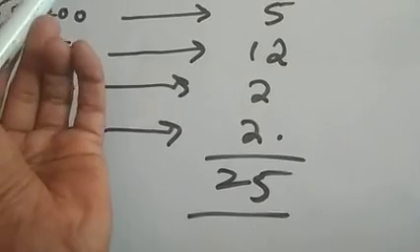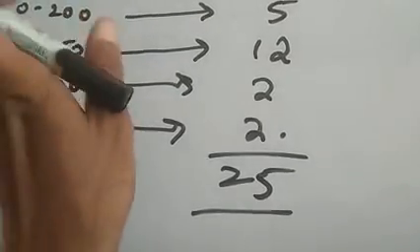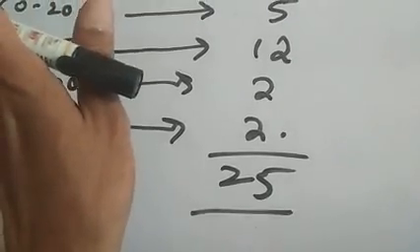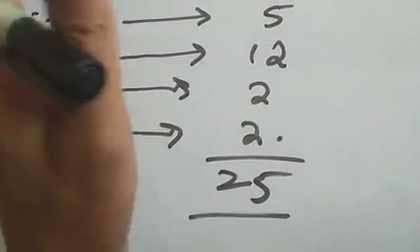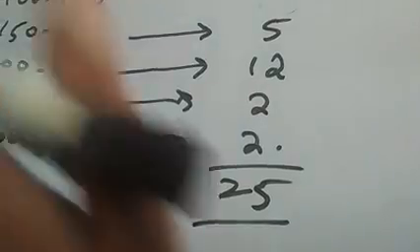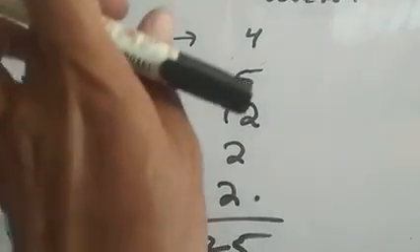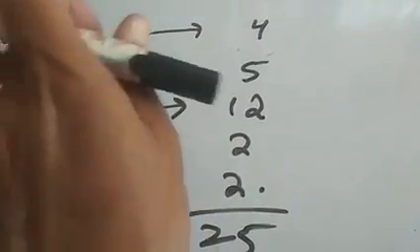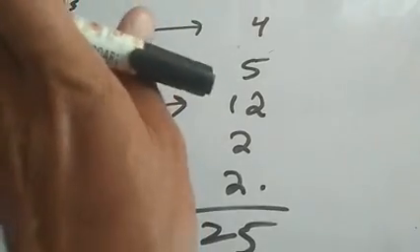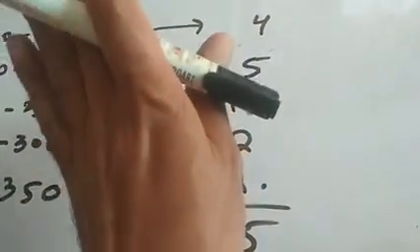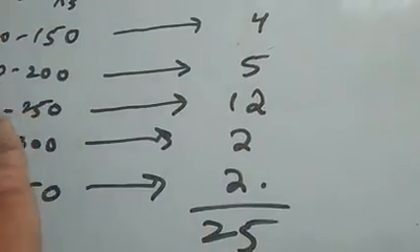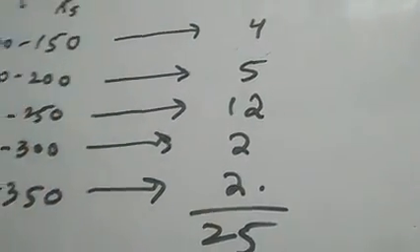Here, in a continuous series, you first have to find the mid value, and that is the only step different.